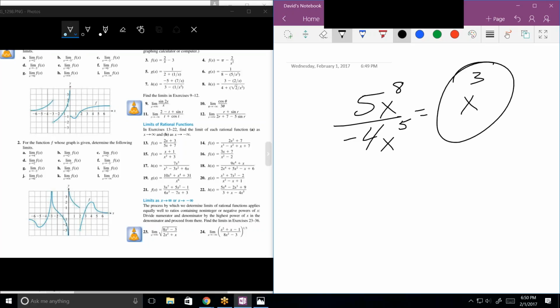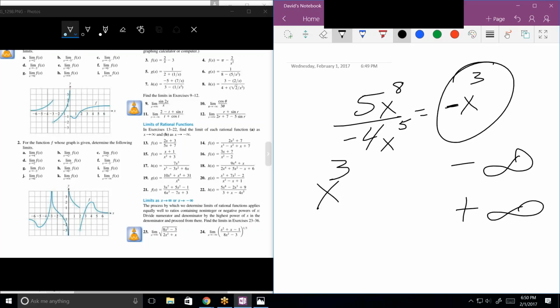Yeah. In other words, what this really turns into is that, is it not? Yeah, I believe so. Which means as x goes to positive infinity, this whole thing goes to negative infinity. And as x goes to negative infinity, the whole thing goes to positive infinity. In other words, it's the reverse of what x cubed would be.